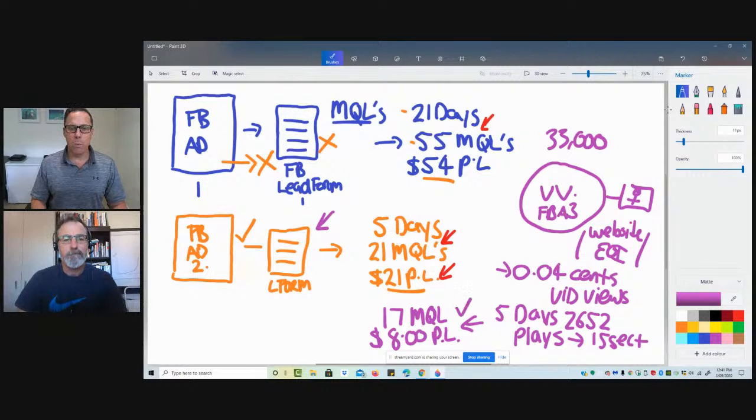If we weren't to do any remarketing of any kind, we'd be paying $54 per lead, which, as I said at the start, is still quite reasonable. But we were able to slash it by well over a quarter. It's only a quarter or a fifth of the price by doing a video view campaign along with the other 2 campaigns. Now, this whole process was over 30 days.